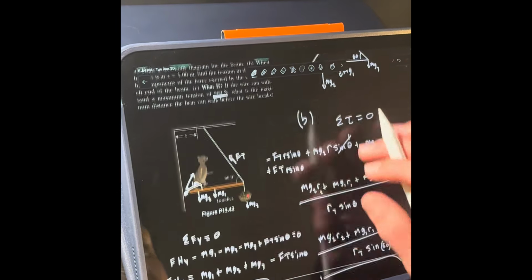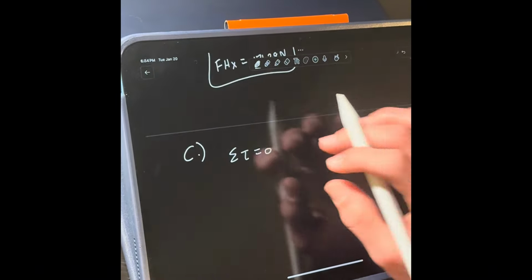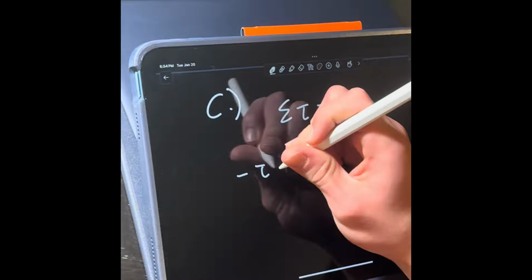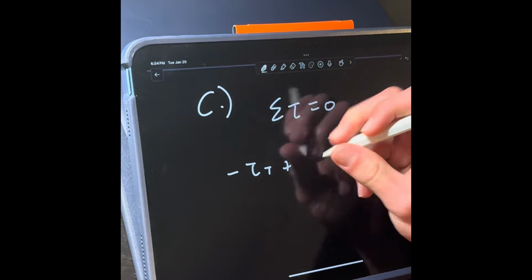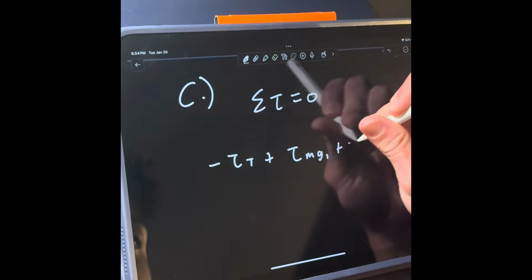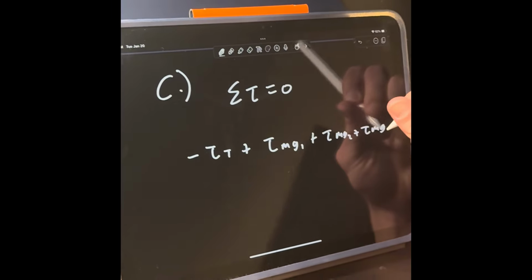We had already done this in the previous problem, so we're just going to rewrite what we did for part B, now for part C. So we know that it's negative torque tension plus torque mg1 plus torque mg2 plus torque mg3.